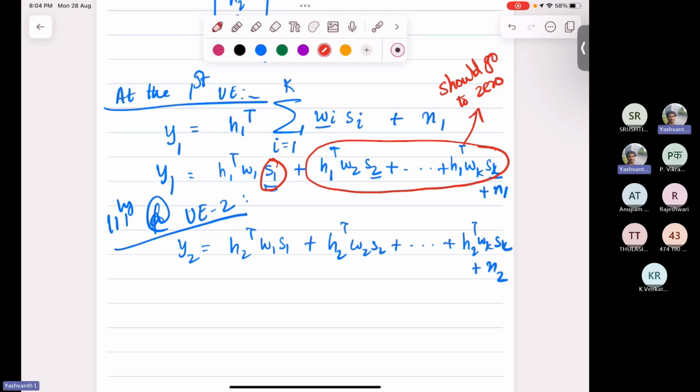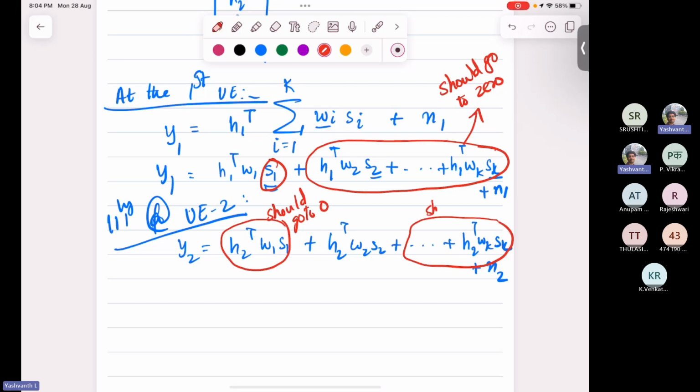Except S2, all others are undesired. Exactly, they should go to 0. Like that, you have constraints for all the K users. You need to design these Ws such that these off terms go to 0. This is called the pre-coding design.